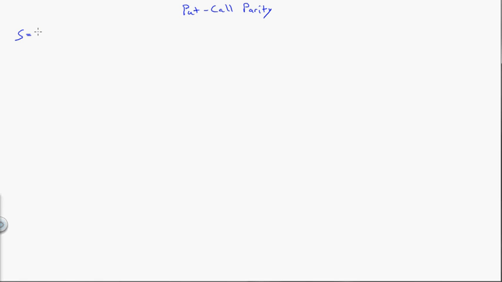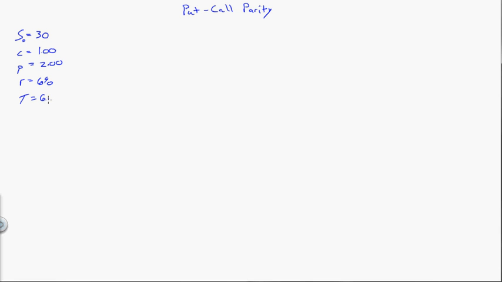Okay, let's say we have a stock. Sells for $30 today. The call price is $1. The put price is $2. Remember, these are quoted in the market. These are not necessarily right. We're trying to figure out if they're correct and how I can make money. The risk-free rate is 6%.